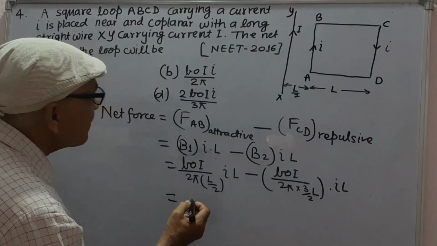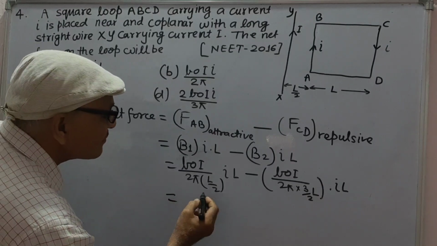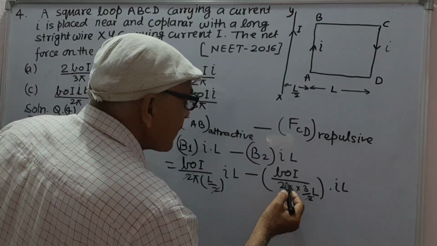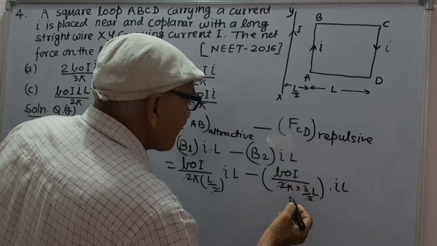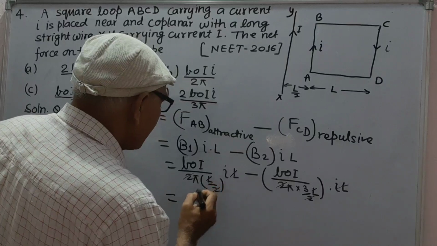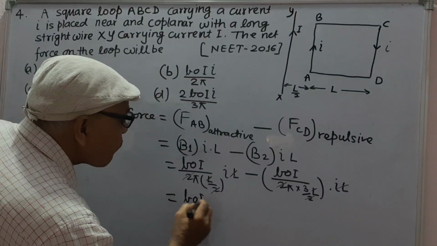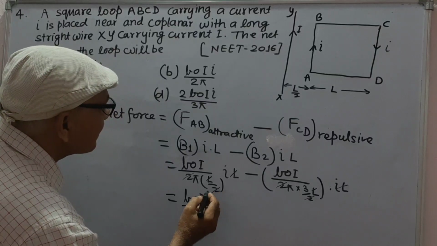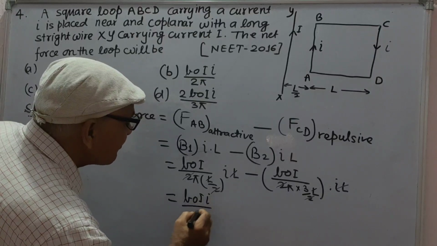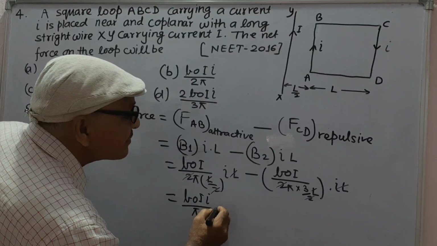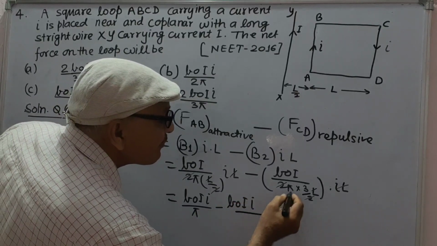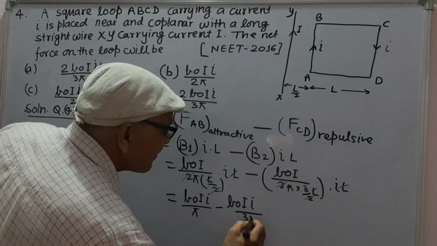On simplification it gives mu naught I upon pi minus mu naught I upon 3 pi.